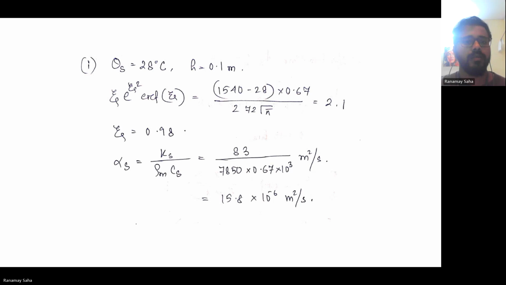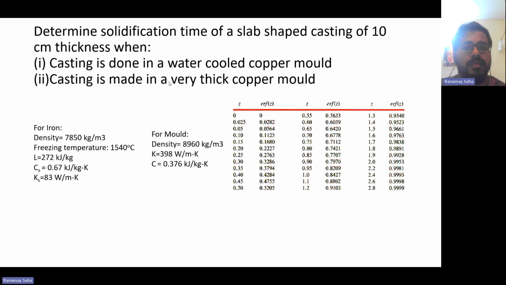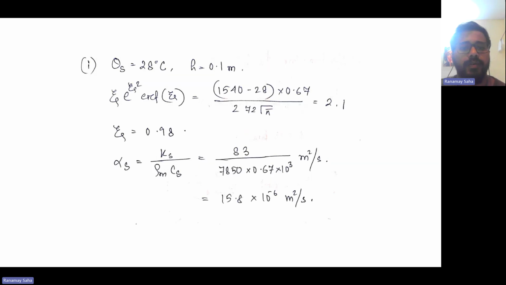Okay. Now you have theta s is 28 degrees centigrade, from the earlier problem only, and you have the height as 0.1 meter. Then just plug in these values into the error function equation.